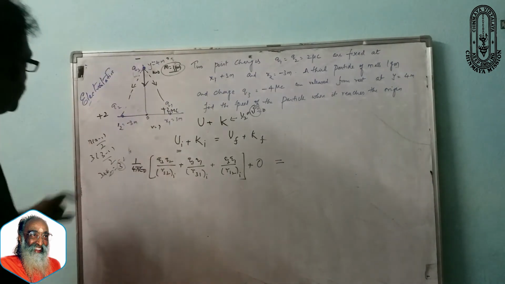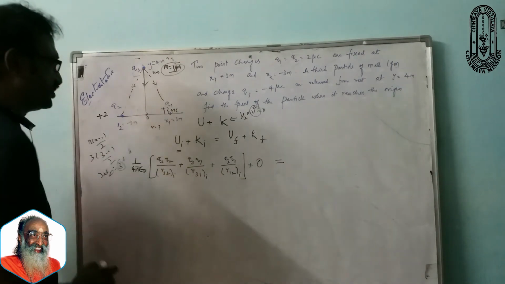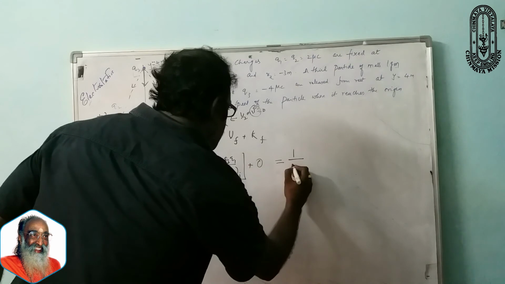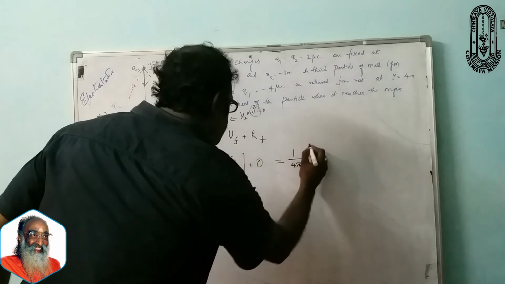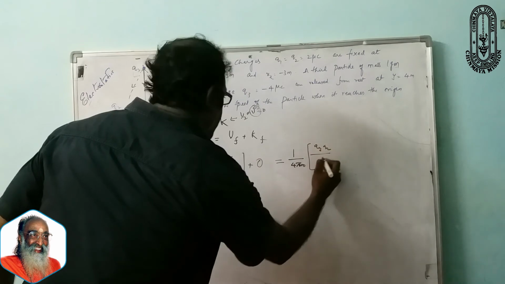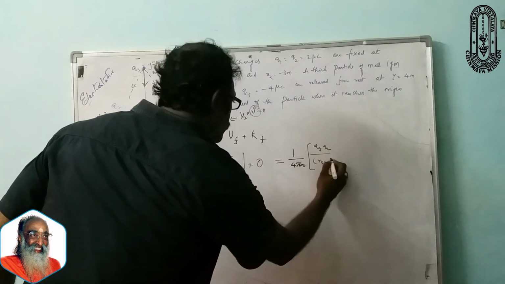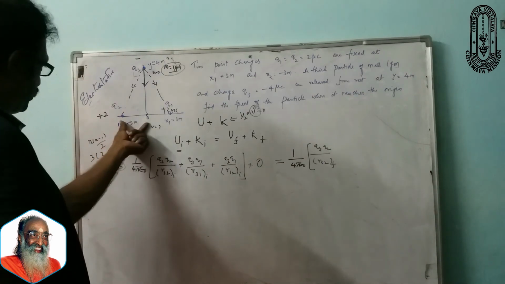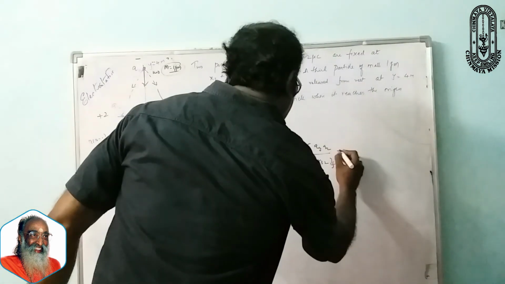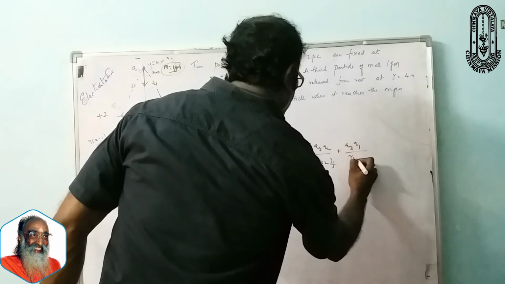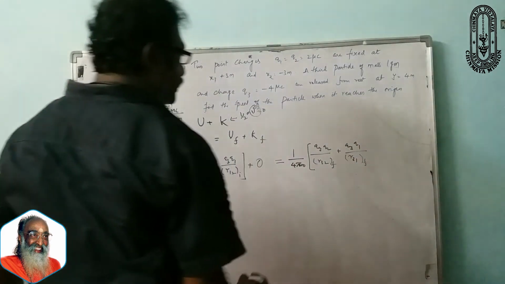When the particle is here, the potential energy of the system is 1 by 4 pi epsilon naught Q3 Q2 by R32 final, because this is initial and this will be your final, plus Q3 Q1 R31 final, plus this one.